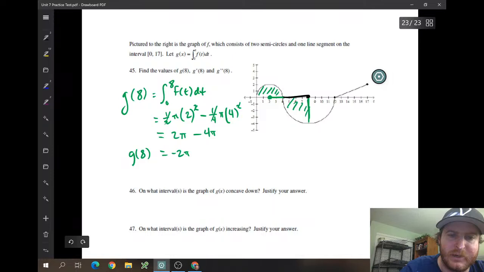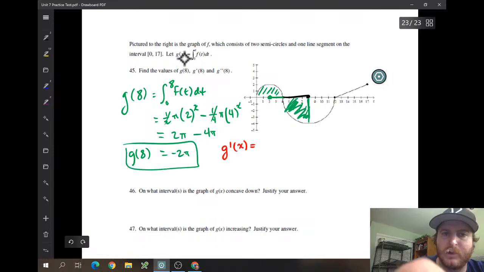So for g prime of 8, before we can do g prime of 8, we want to figure out what g prime of x is. Okay? So g prime of x, we're just going to plug in x, and we get f of x. So then g prime of 8 is just f of 8, which is the y value at 8, right? And the y value at 8, if we kind of take that over, is negative 4.